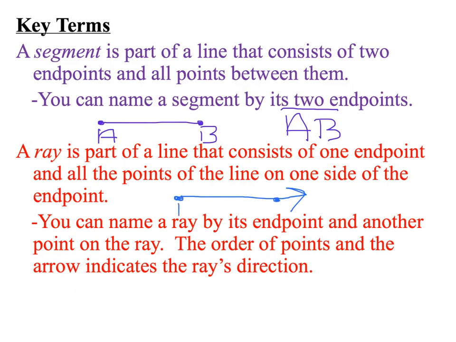So this is how you would represent it, A, B, and you have to make sure, this is where it's very careful. Here's my endpoint, and then it goes on forever through B. So I have to make sure that when I'm labeling AB, there's no arrow by A, but there is an arrow by B, because this would be my ray.